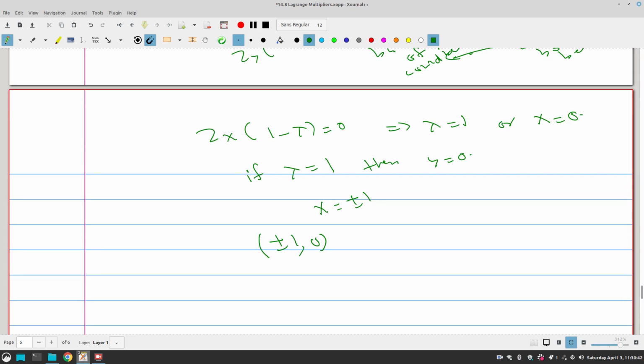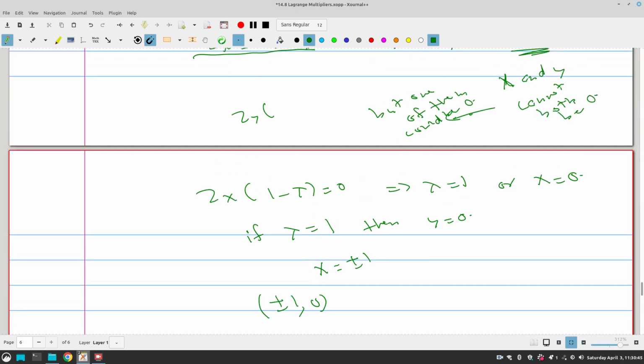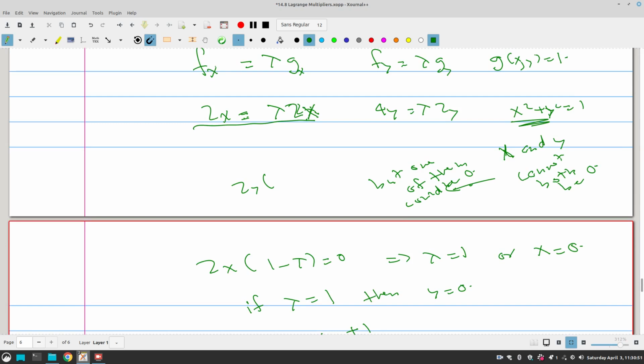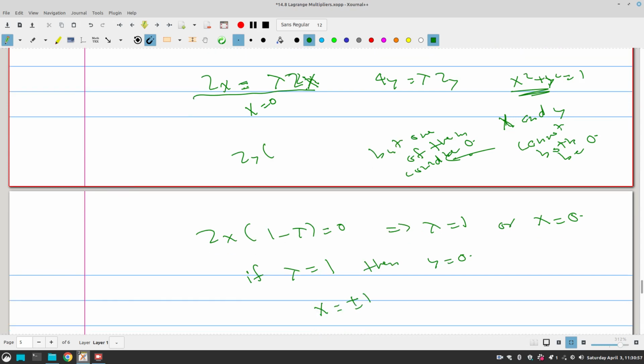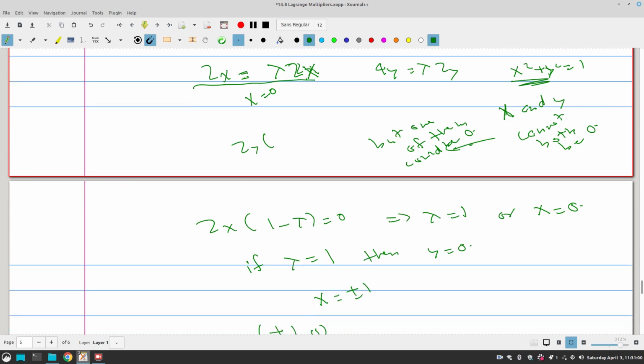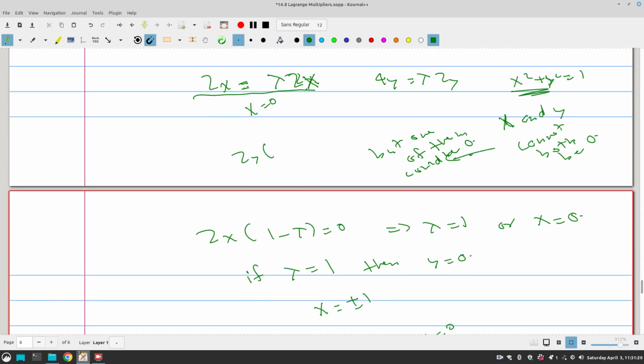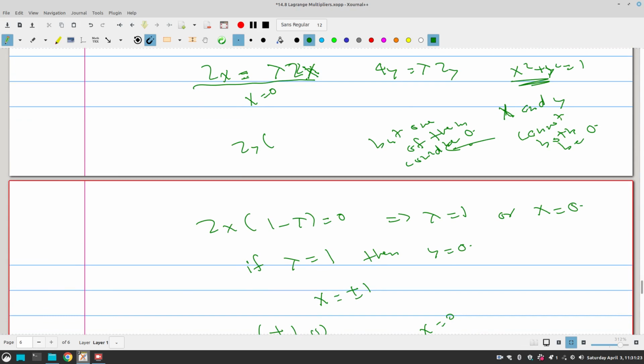Now what happens if x equals 0? If x equals 0, then y equals plus or minus 1.